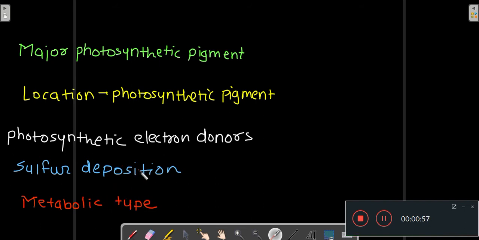So these are the characters that we are going to look at for different anoxygenic photosynthetic bacteria.